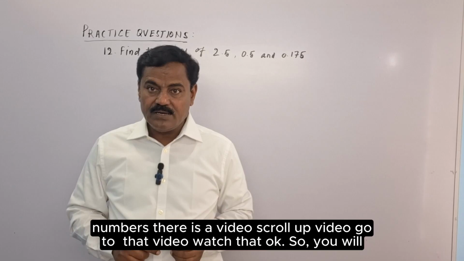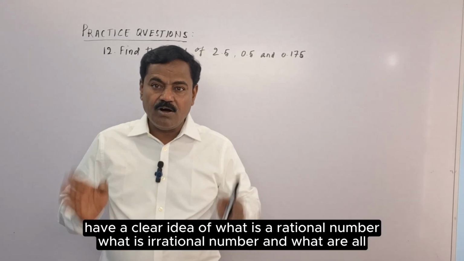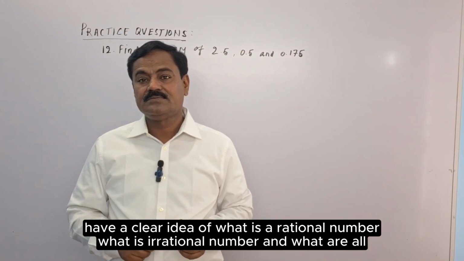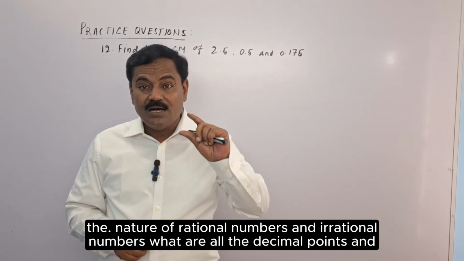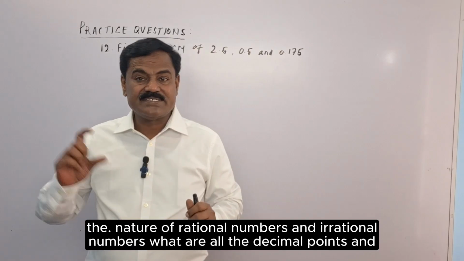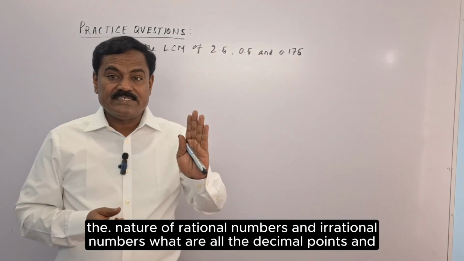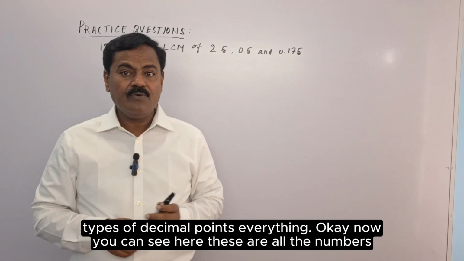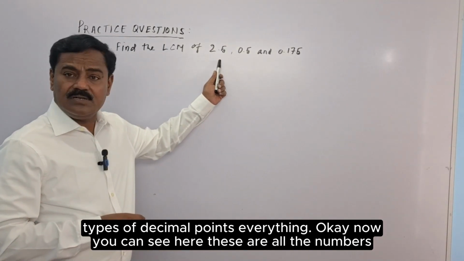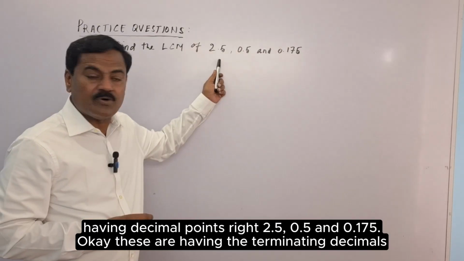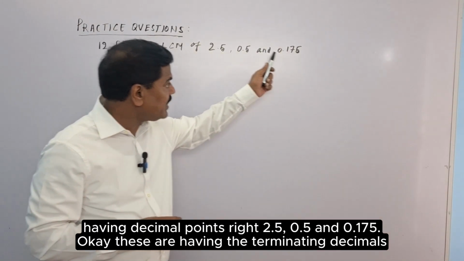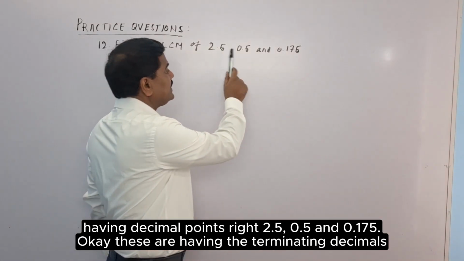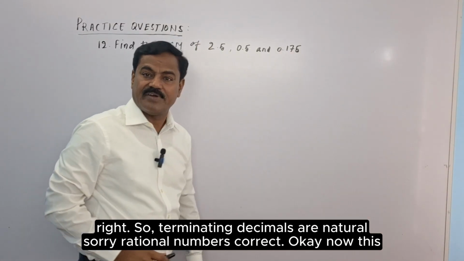So you will have a clear idea of what is a rational number, what is an irrational number, and the nature of rational and irrational numbers, what are decimal points and types of decimal points, everything. Now you can see these are all numbers having decimal points, 2.5, 0.5 and 0.175. These are terminating decimals, right?